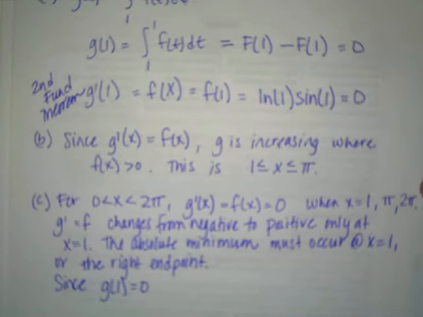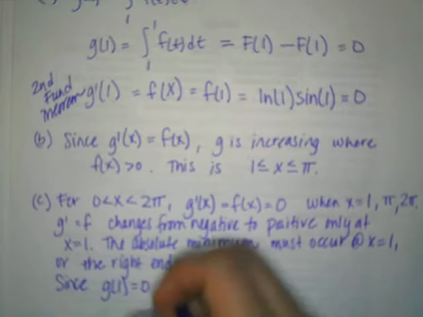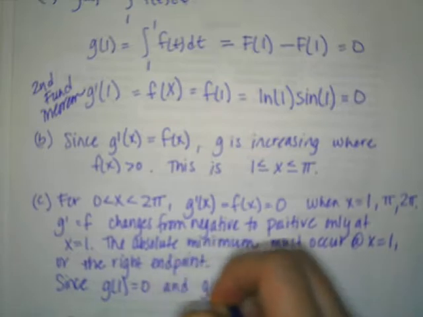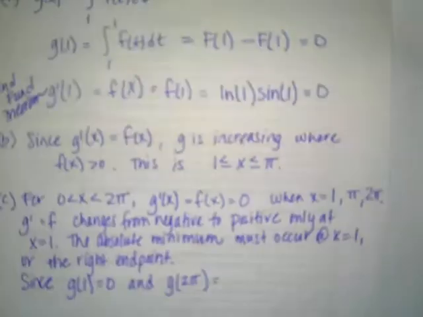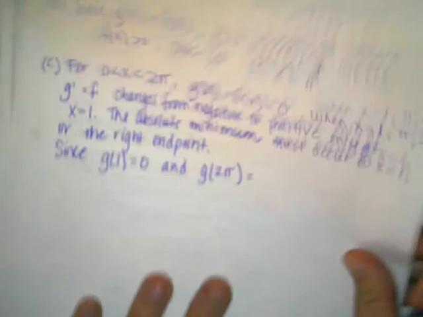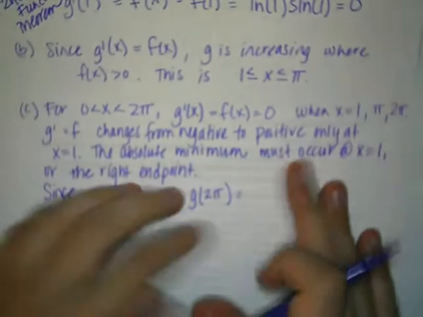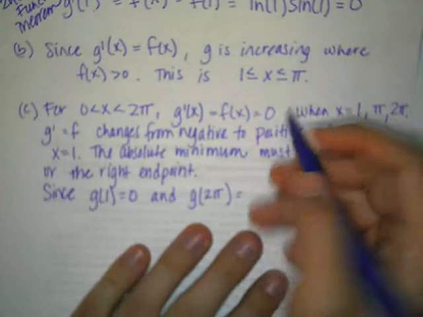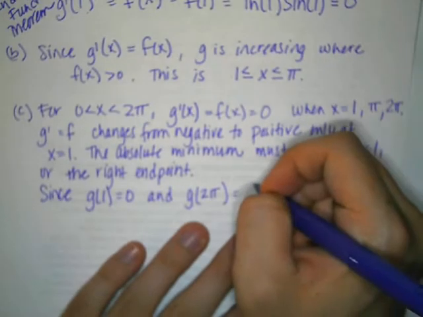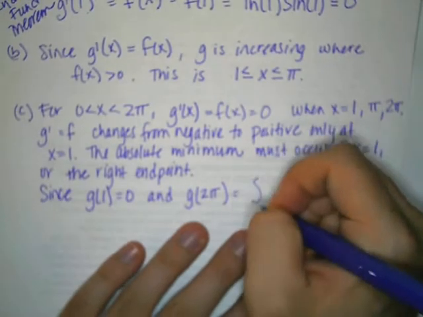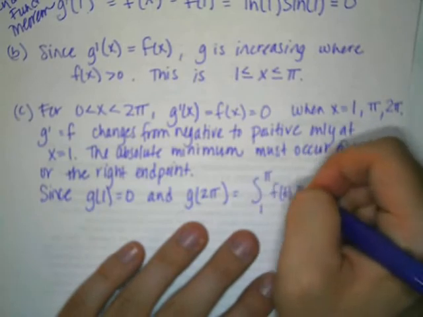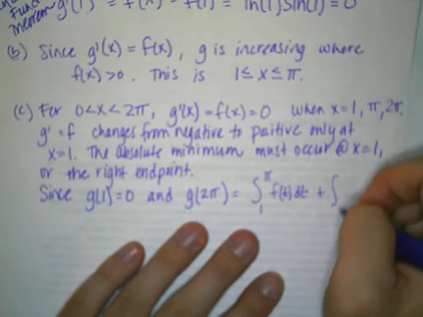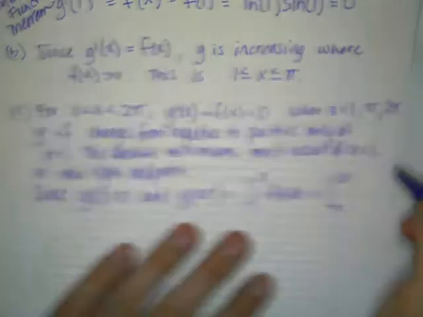Since g of 1 equals 0, and g of 2 pi, so look, we're accumulating value here, because remember this is g prime, so when I say g of 2 pi, that's talking about accumulating value here. g of 2 pi is equal to the integral from 1 to pi of that function plus the integral from pi to 2 pi of that function.